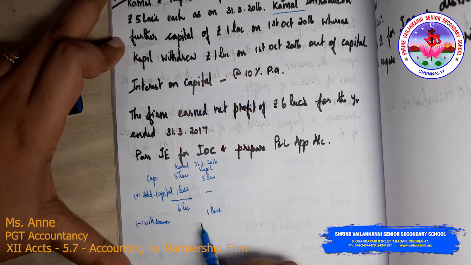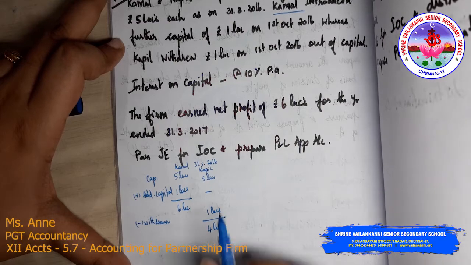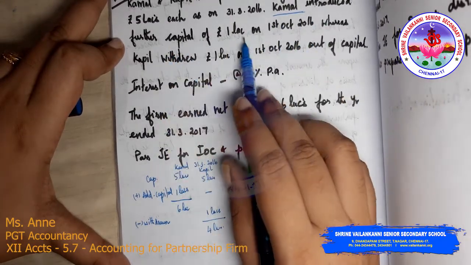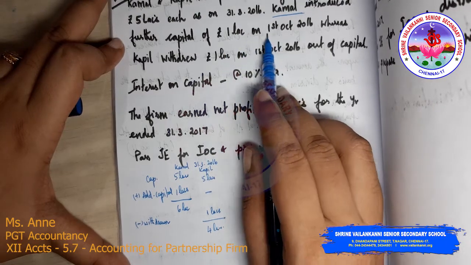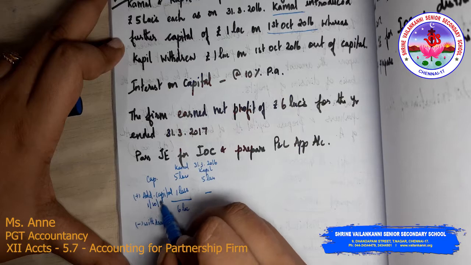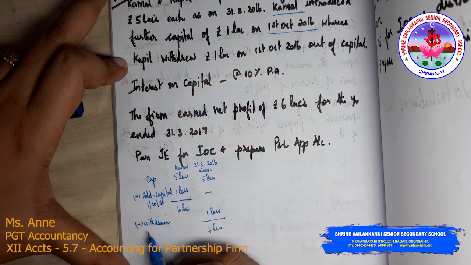The date is very important. We will look into the date. So Kapil's capital becomes 4 lakhs. Am I right? You have to understand this. Kamal introduced further capital on 1st October 2016, and Kapil withdrew 1 lakh on 1/10/2016.